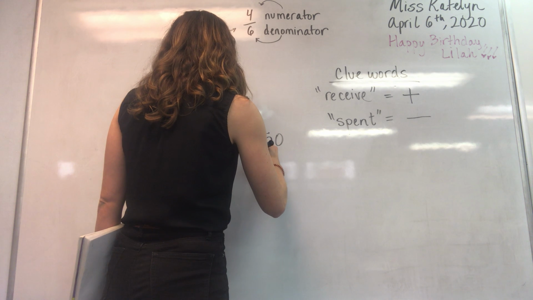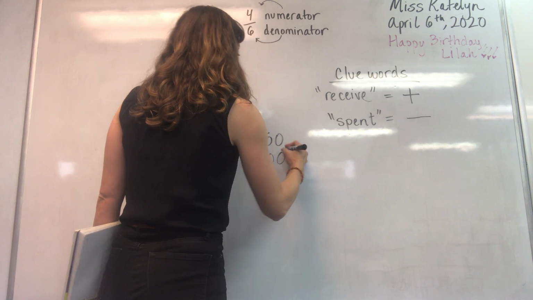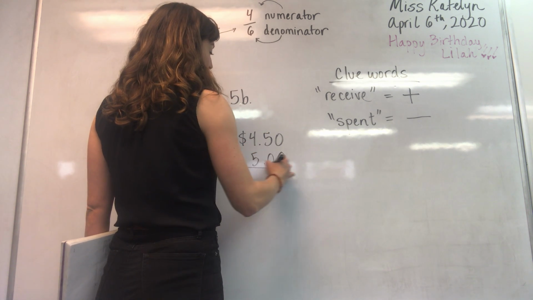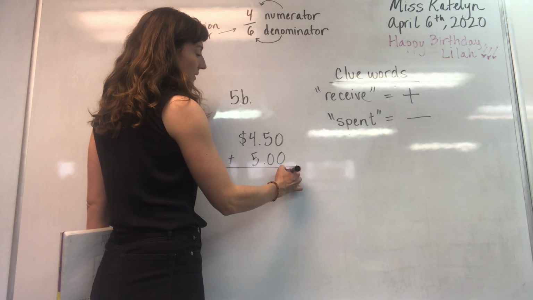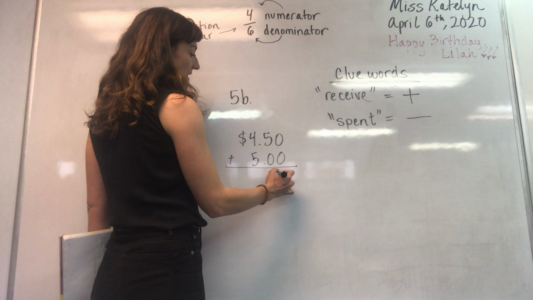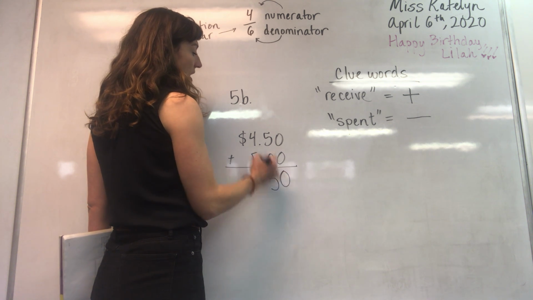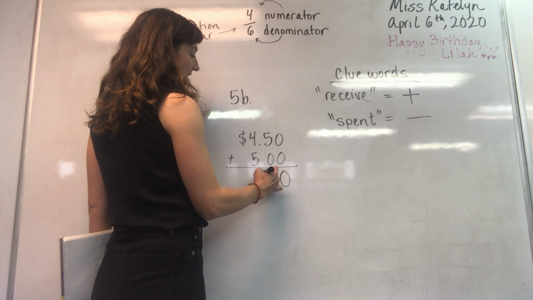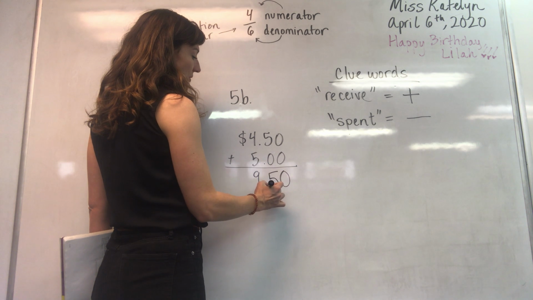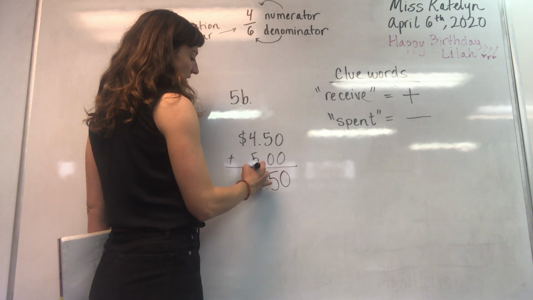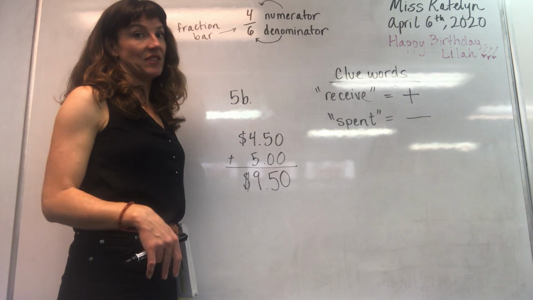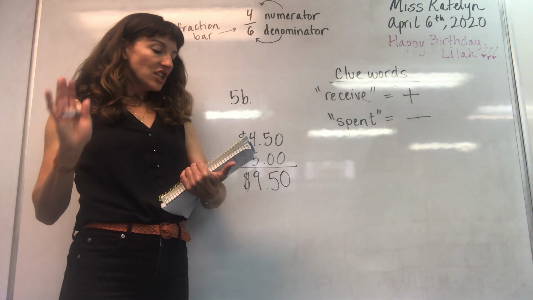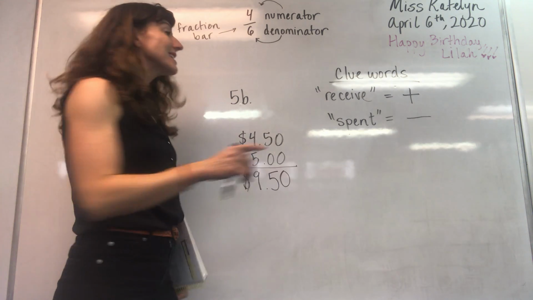So we're going to add what she earned and add what she received as a surprise. 0 plus 0 is 0. 5 plus 0 is 5. 4 plus 5 is 9. And bring down your decimal point and your dollar sign. So she's starting with how much? She's starting with $9.50.